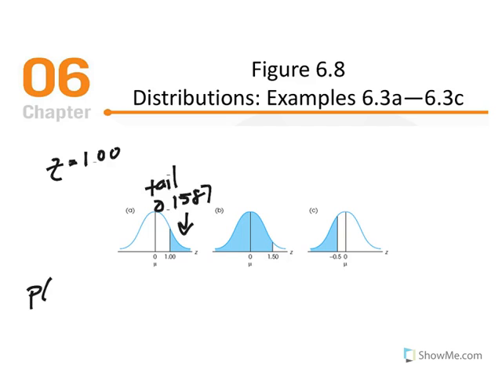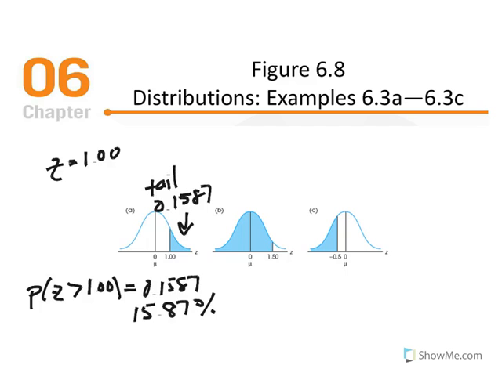And our answer, again, would not change. The proportion is equal to 0.1587, or we could say the probability is a 15.87% chance that if we selected any score in a normal distribution, that score would be above a z-score of 1.00.